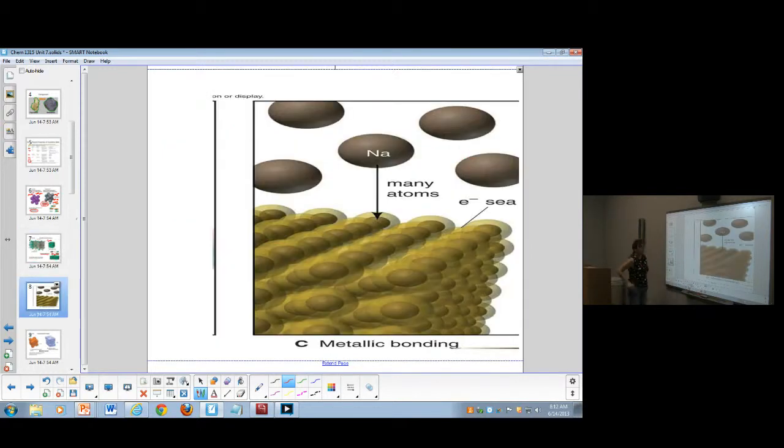Then there's another kind of solid that's formed from metals. Now, we didn't really look at metal bonding in this class much, but in general, those metals don't have a lot of extra electrons, and so instead of having electrons that they share between each other, there's this whole sea of electrons that covers all of these metallic pieces, and there's very strong metallic bonding in that kind of thing.